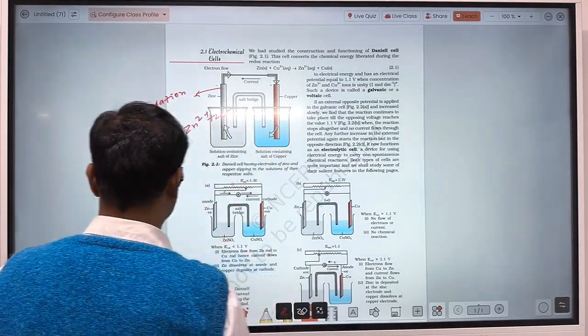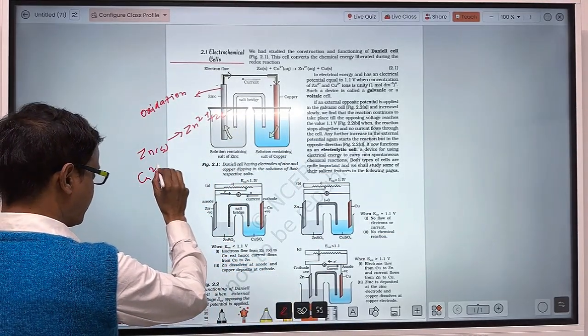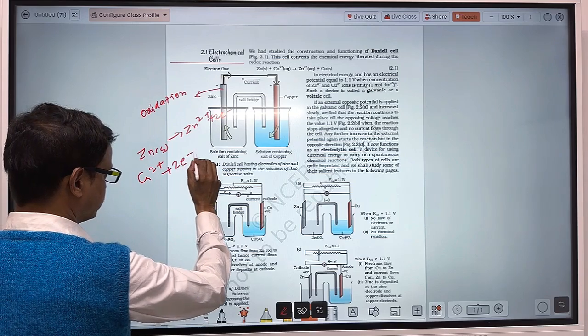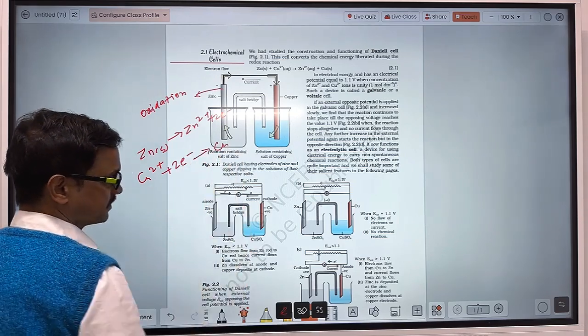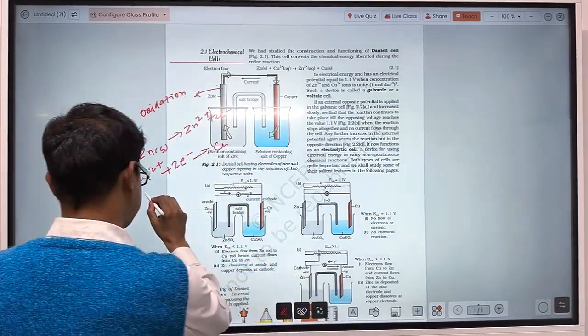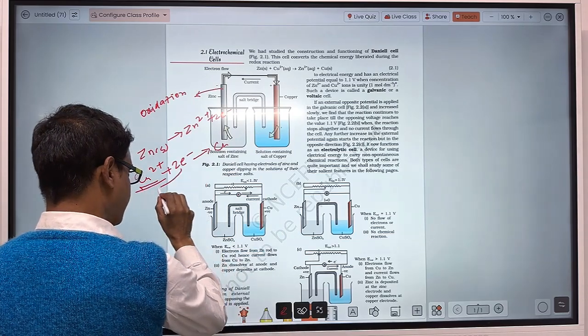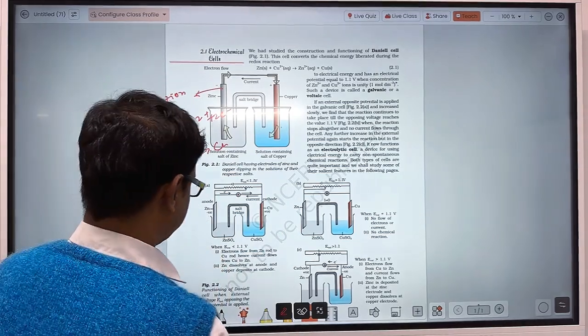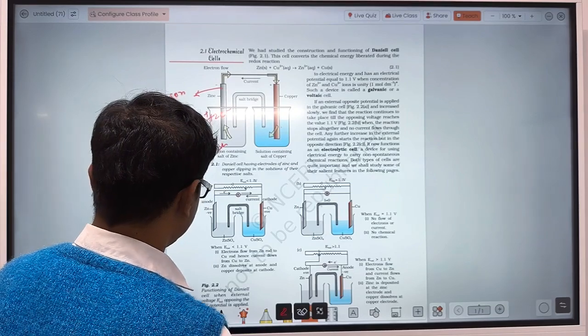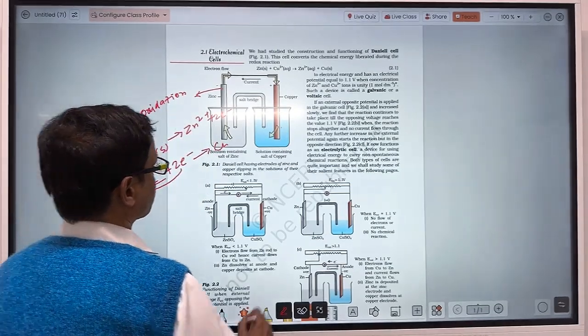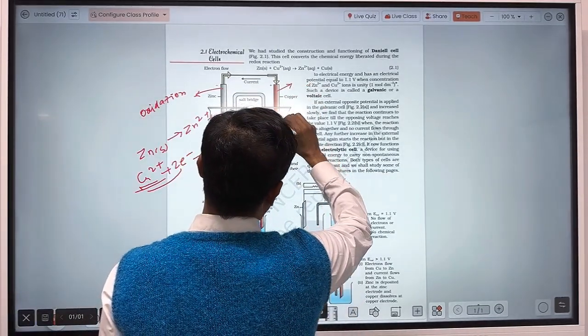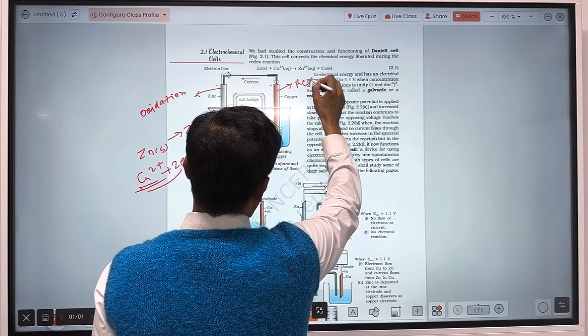And at the cathode, Cu2 plus is gaining 2 electrons and there is formation of a copper atom. So at the cathode there is a gain of electrons, and gain of electrons is called reduction. So reduction takes place at the cathode.